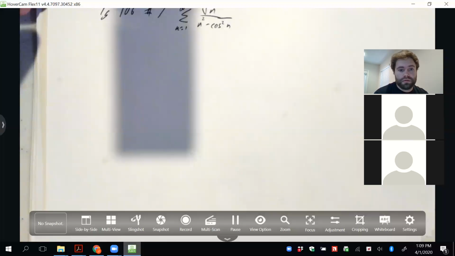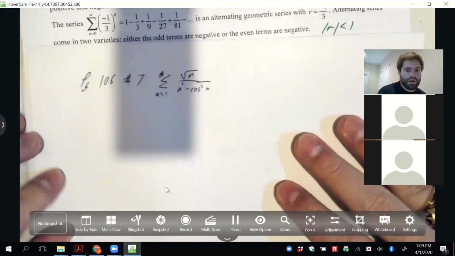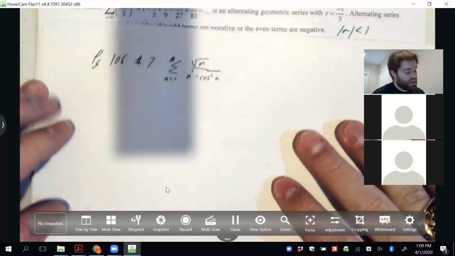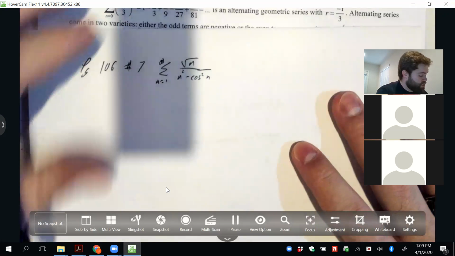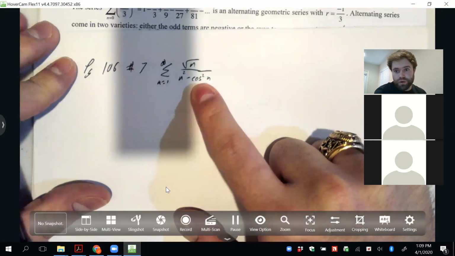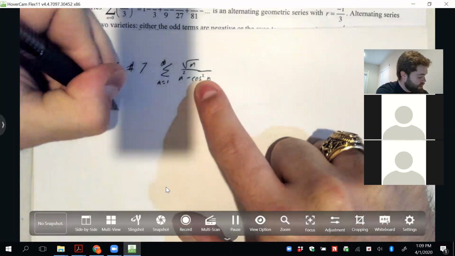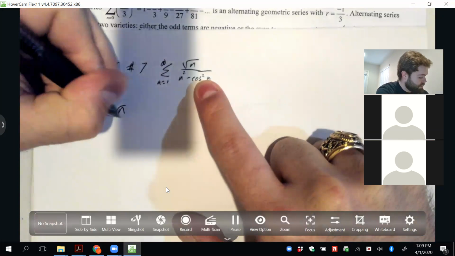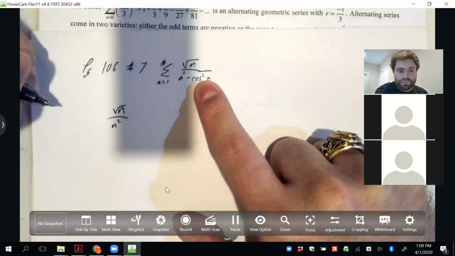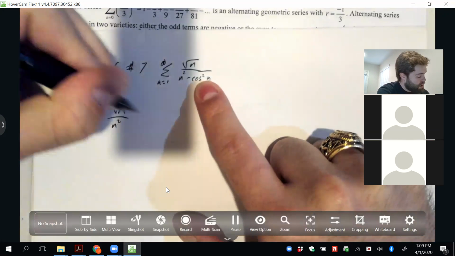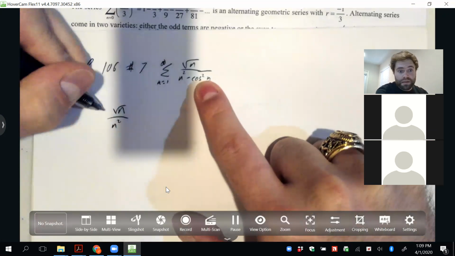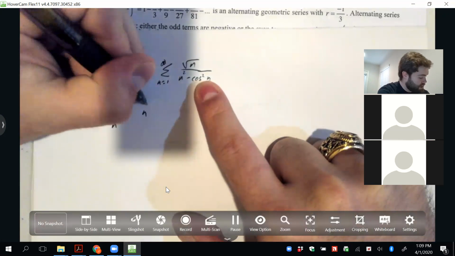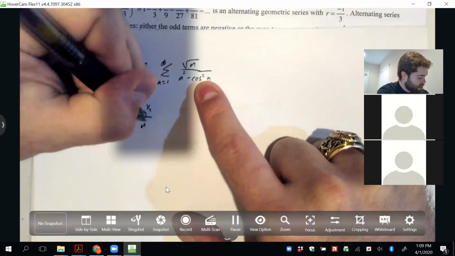Okay, I'll share my screen. So if we ignore the cosine squared n part, then we have square root of n over n squared. And well, square root of n is n to the 1/2. So we have n to the 1/2 over n squared.